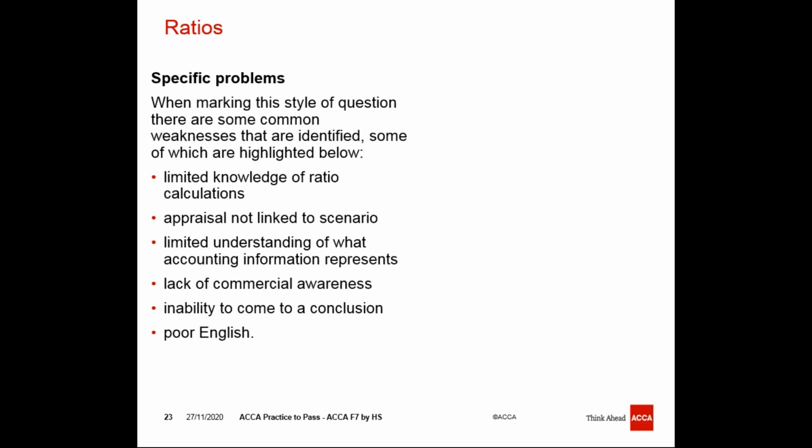Appraisal not linked to the scenario. This is one of the problems, that usually people give generalized comments, which are not acceptable to the examiner. It might be, the gross profit has increased because of this divided by this, and that.